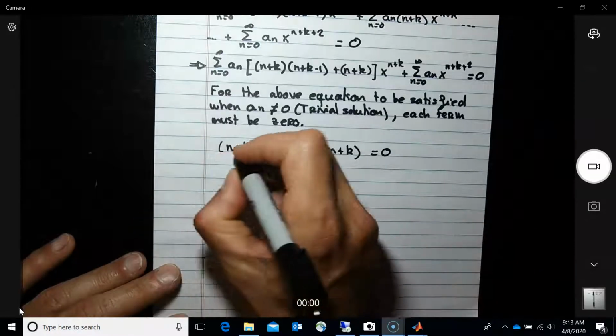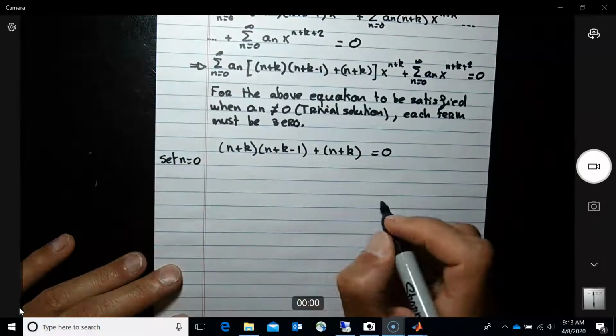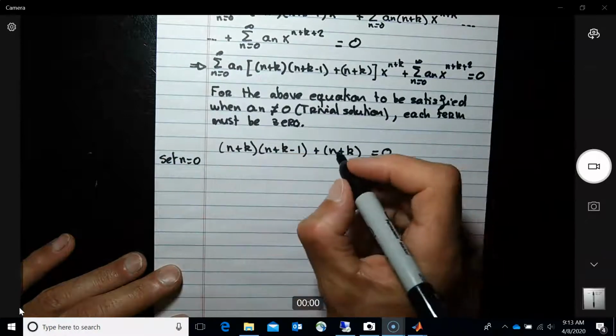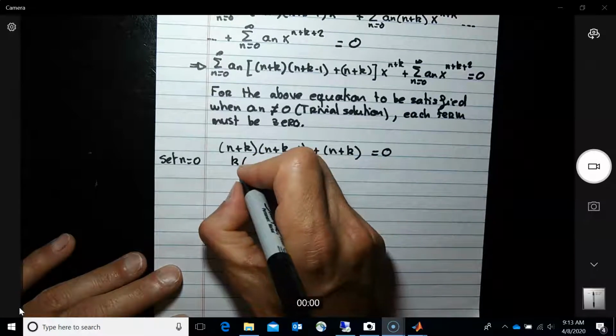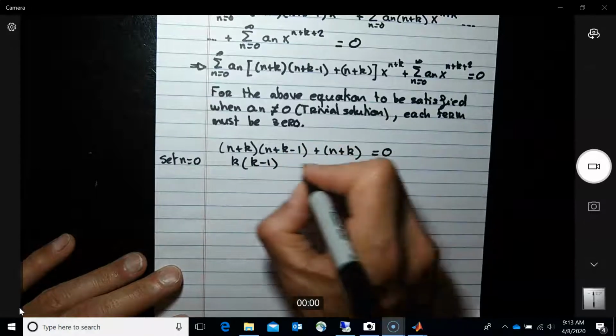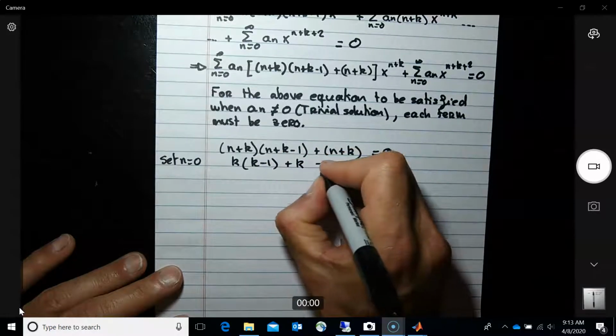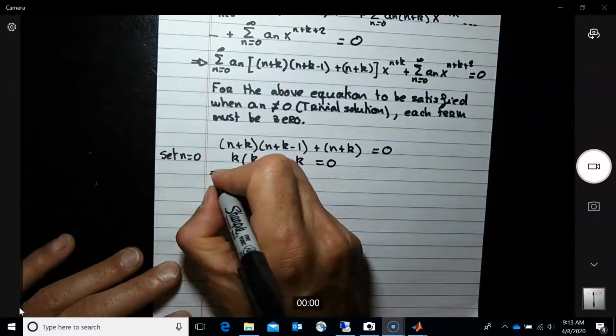So in that case, you set n equal to 0, and this will give you k factor of k minus 1 plus k equal to 0.